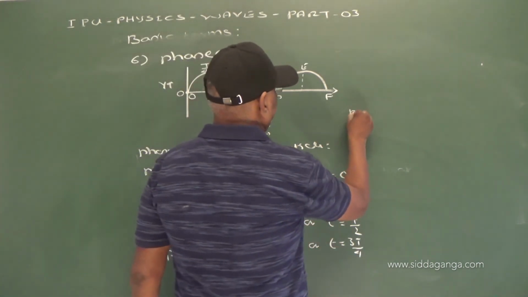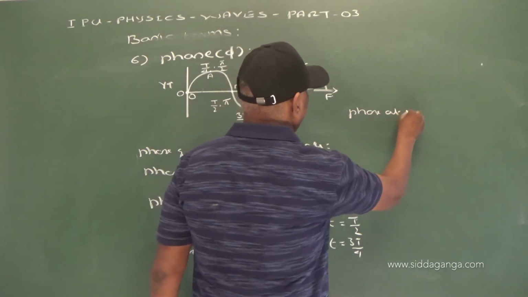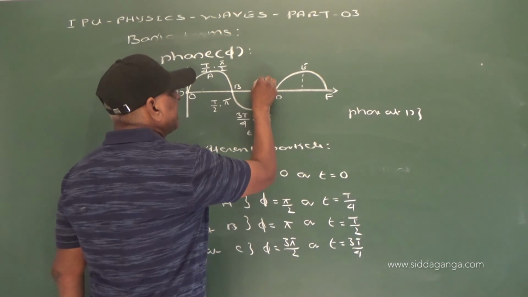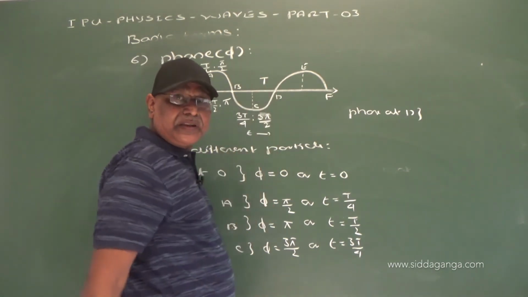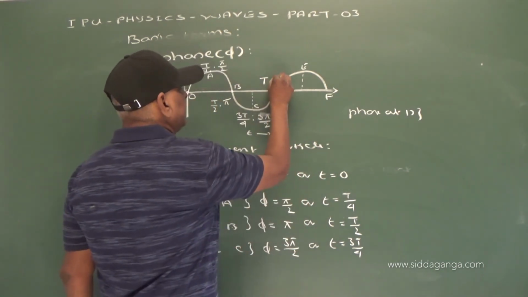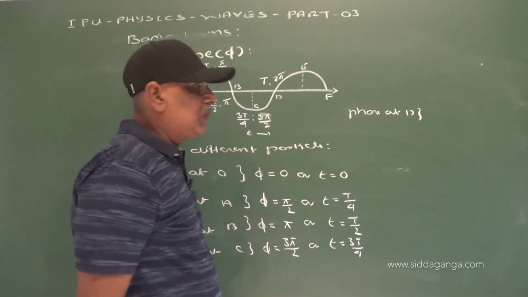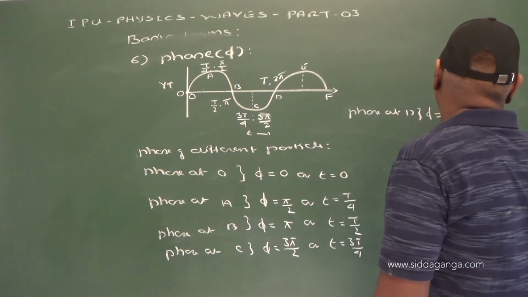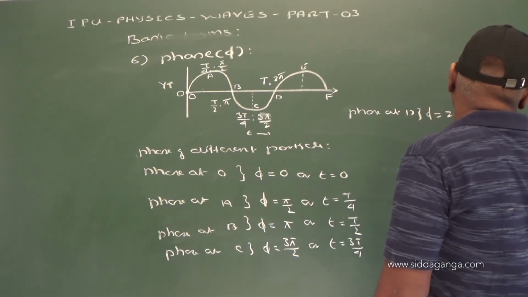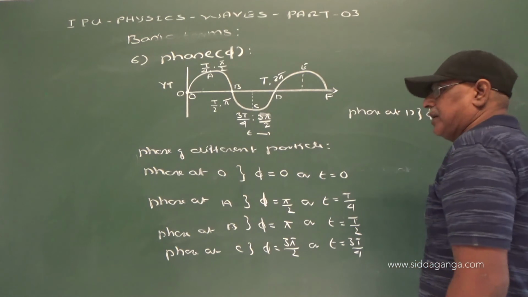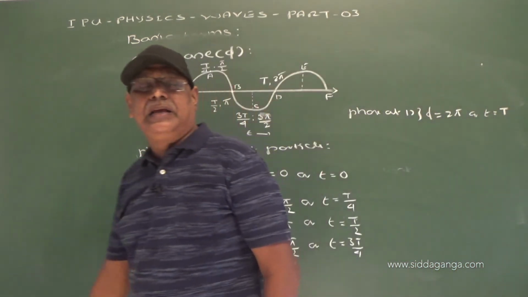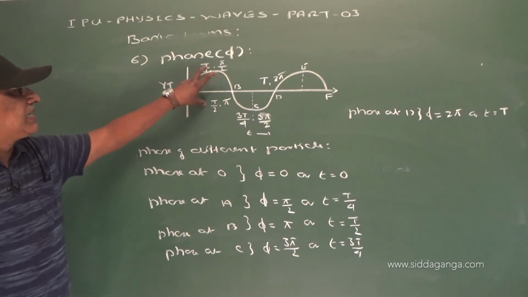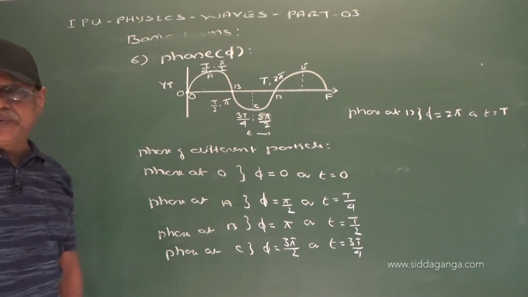Similarly, the phase at D. In terms of fraction of time period it is T, and in terms of angle it is 2 pi. So here phi is equal to 2 pi, or t is equal to T. So the phase of the particle at A is T by 4 or pi by 2.